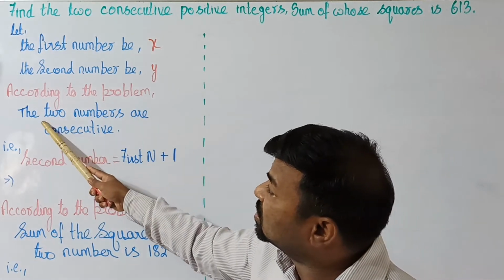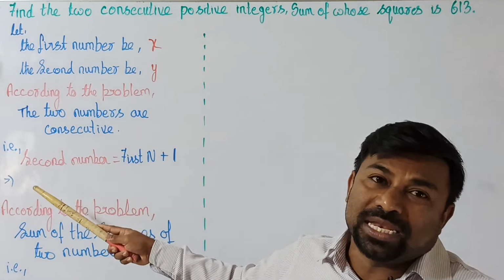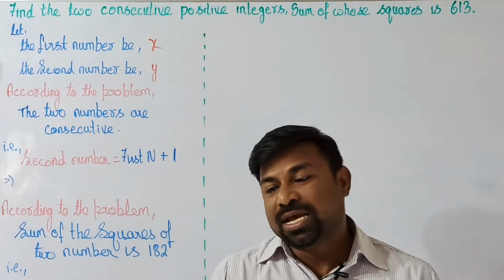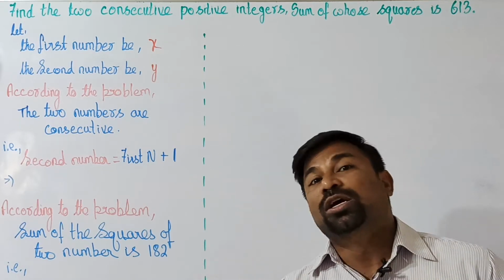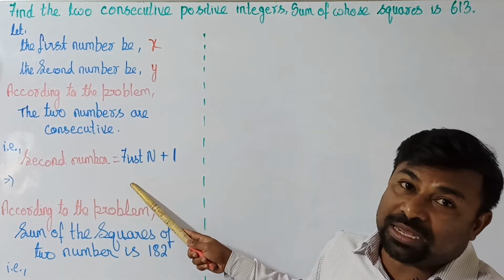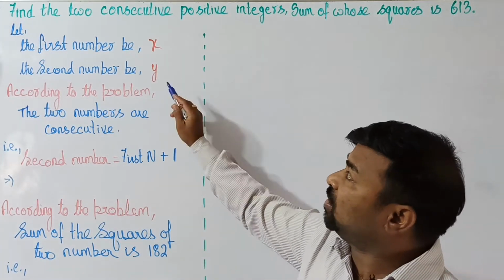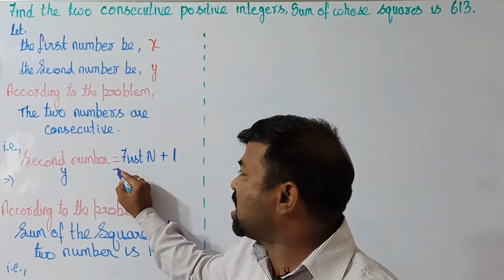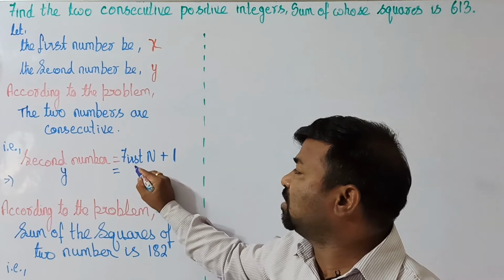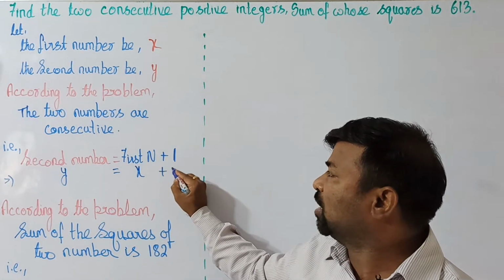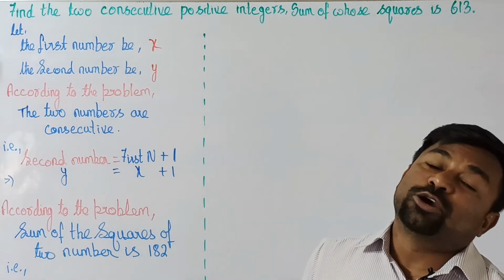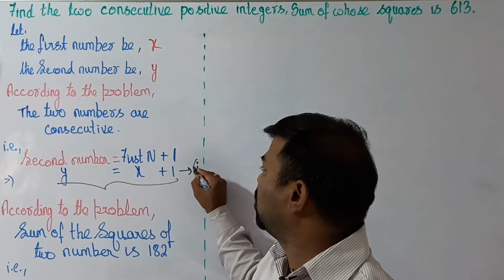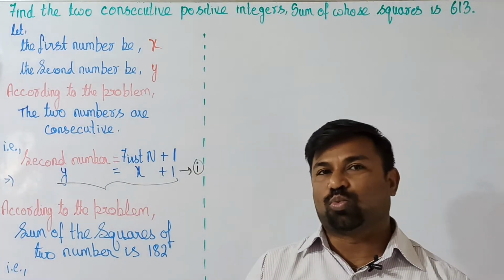The second number equals the first number plus 1, the numbers being side by side. The second number is y, and the first number is x, so y equals x plus 1. Now I got an equation, which I am going to call equation 1: y equals x plus 1.